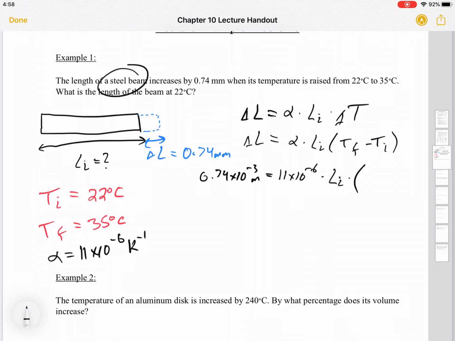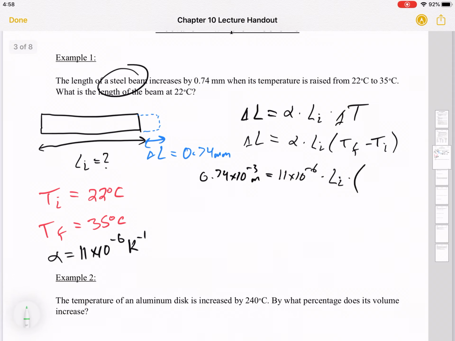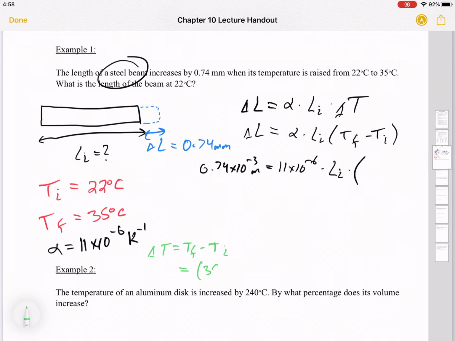Now, I told you that the SI unit for temperature is Kelvin. But I also told you that if you have a delta, it doesn't matter. Let me prove that to you. So delta T equals T final minus T initial. And if I'm being careful, I need to convert both of these. That means I need to add 273 to both, right? So T final is 35 plus 273 minus 22 plus 273, right?